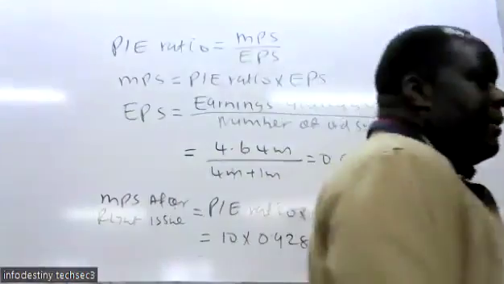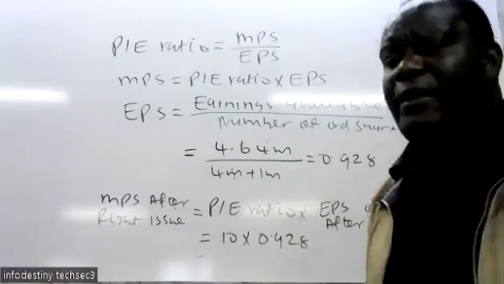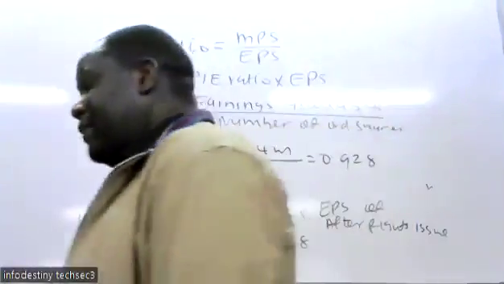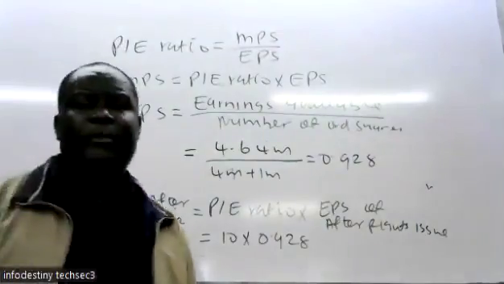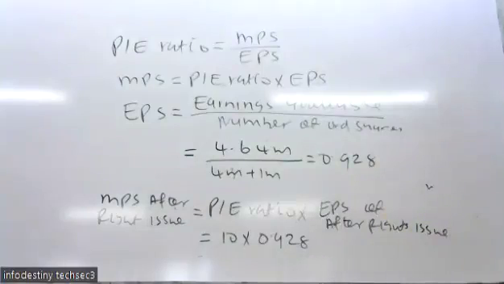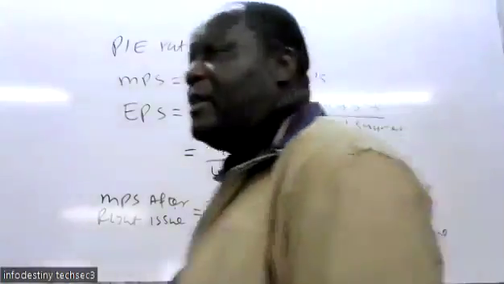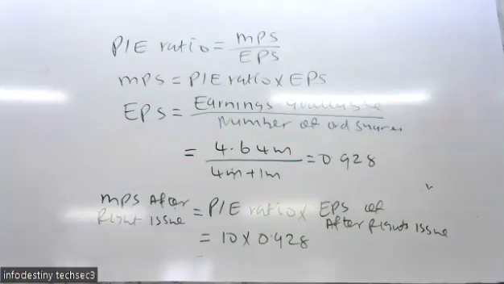Number three will be to determine the future value and the present value of the project cash flows. So you are also able to know how to get the future value or the present value.